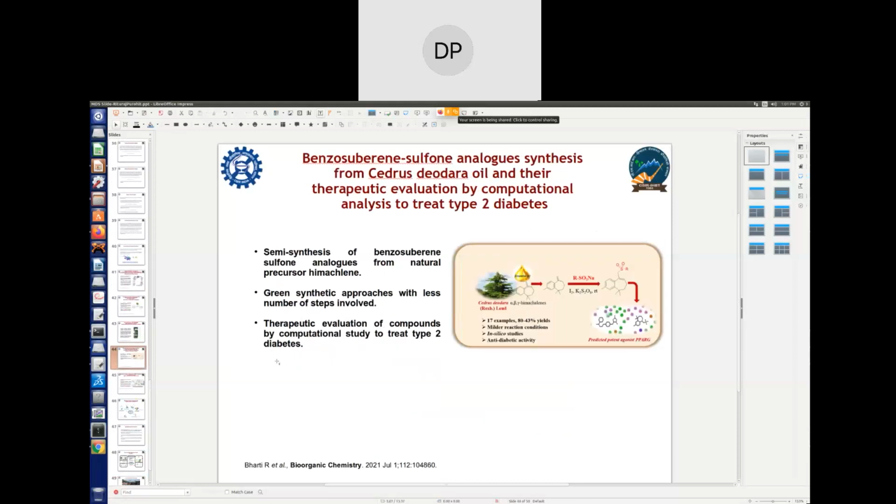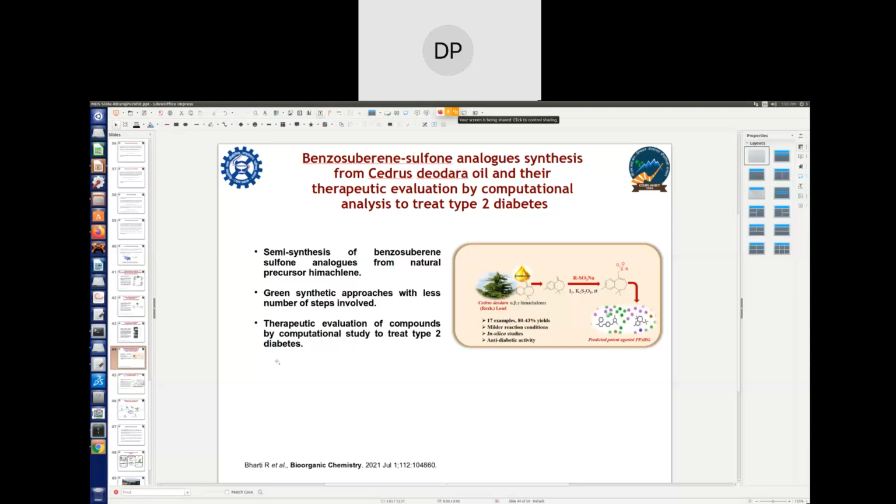In this work, we did not perform any wet lab, but we gave support to the chemist. We have some molecules which are semi-synthetically derived in the chemistry lab. The backbone comes from the Cedrus deodara tree, which is widely available in the Himalayas.